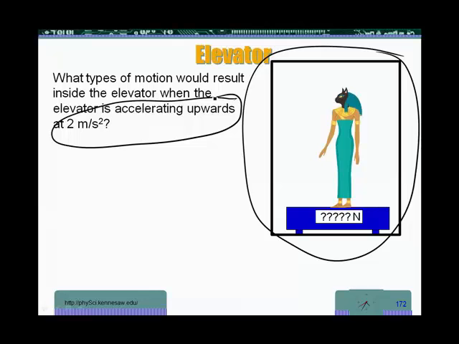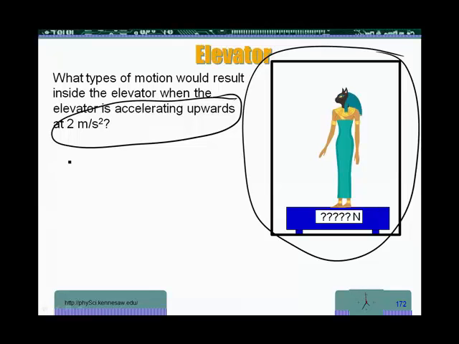Now, before going further with this, let's be precise about something. What does it mean to say the elevator is accelerating upwards at 2 meters per second squared? It can happen two different ways.